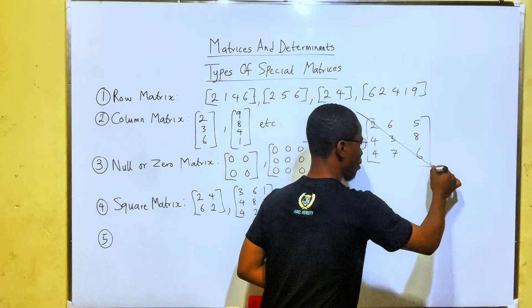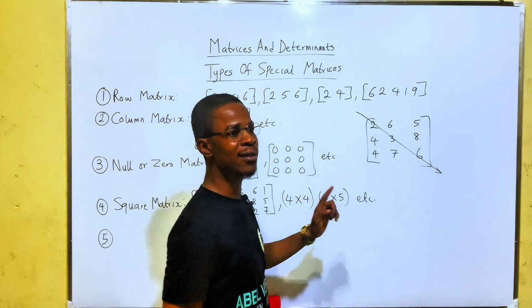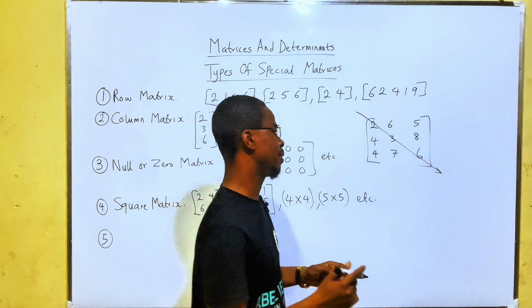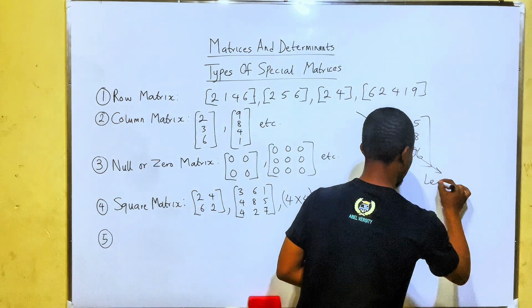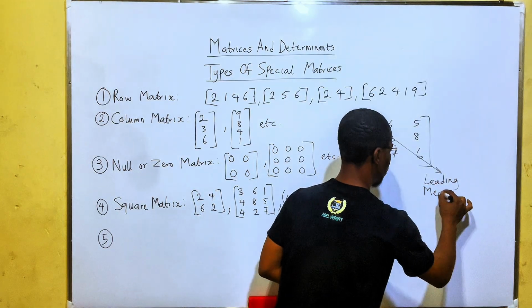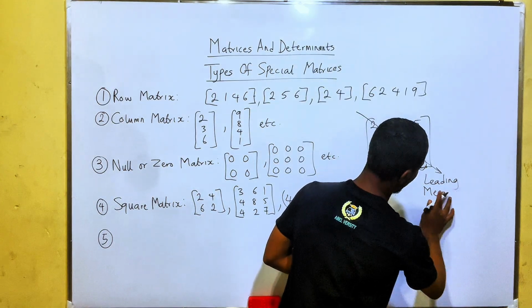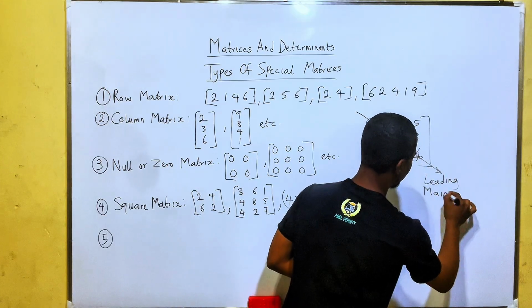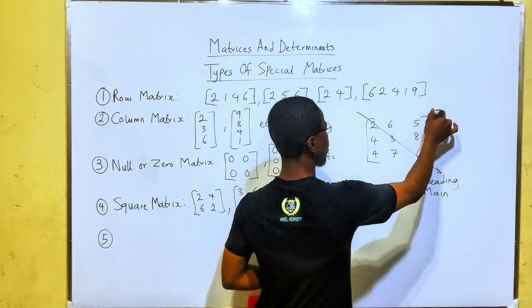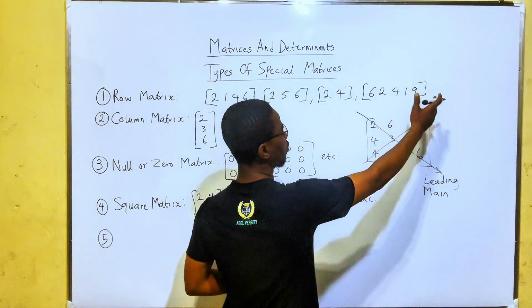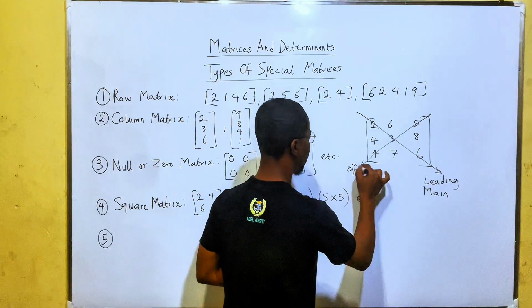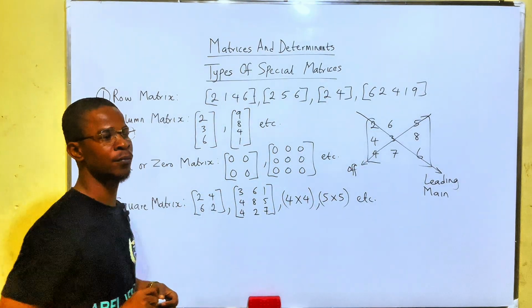The first is this. This diagonal is called the leading diagonal or the main diagonal. Then we also have this that goes from right to left. This is called the off diagonal.